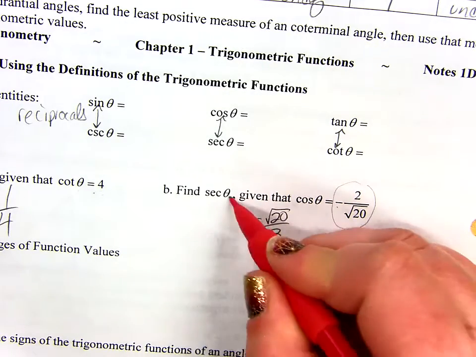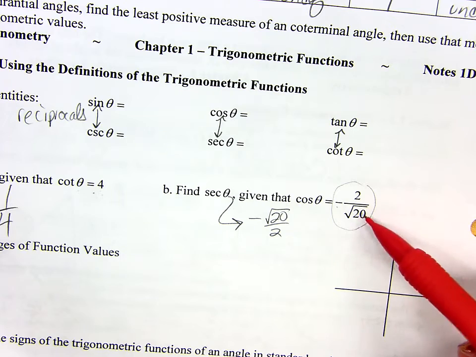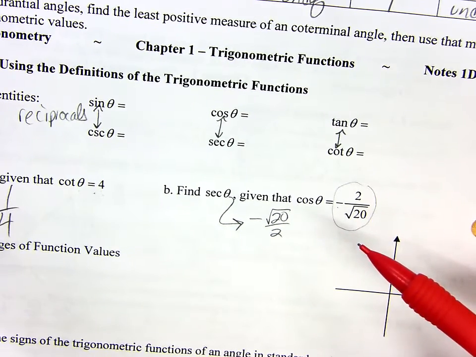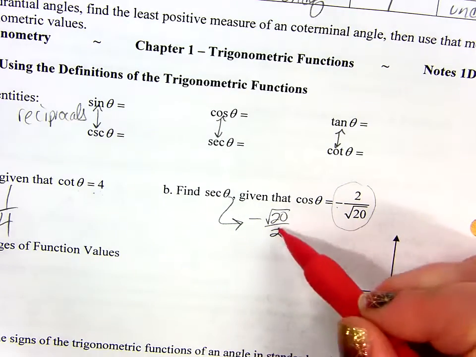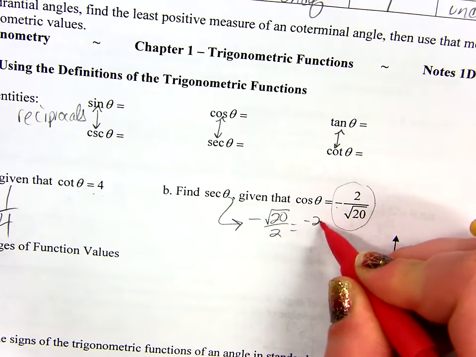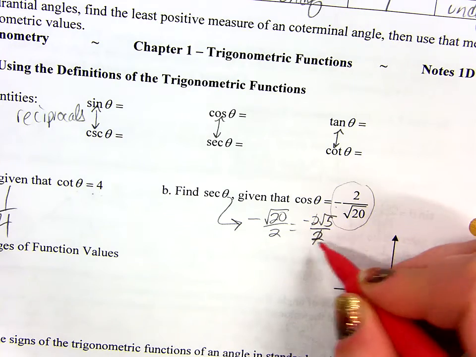But you would never leave your answer like that, right? Because even this shouldn't be written like that because, first of all, it's got a square root in the denominator, and square root of 20 can be simplified. But I don't have to worry about that part. I have to worry about this part. So let's simplify the square root of 20. So that's 2 root 5. And then I can reduce those 2's.